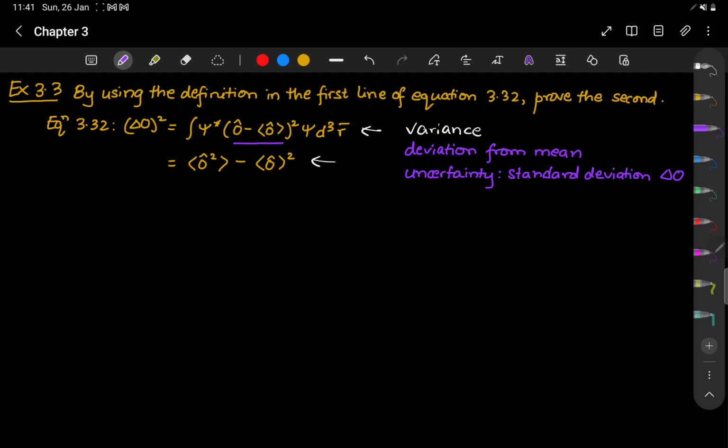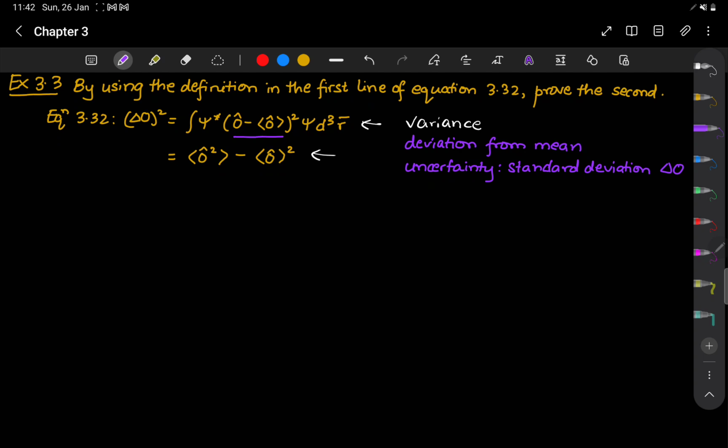It gives us an idea of how much uncertainty we have in our measurements and how much the measurement values deviate or vary from the mean. That's why the name variance; it shows how much the values of the output measurement vary or change from the mean.